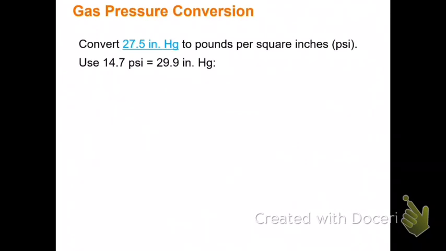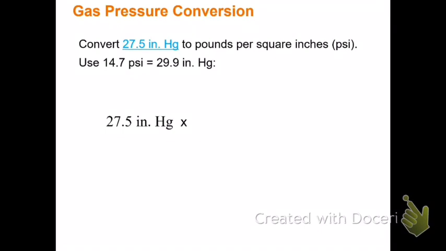All right, so here's another example. How do you convert 27.5 inches of mercury to PSI, or pounds per square inch? We know that 14.7 PSI is equivalent to 29.9 inches of mercury. Again, the first step is to write down what's given. We have 27.5 inches of mercury, and then you want to use the equivalence factor.